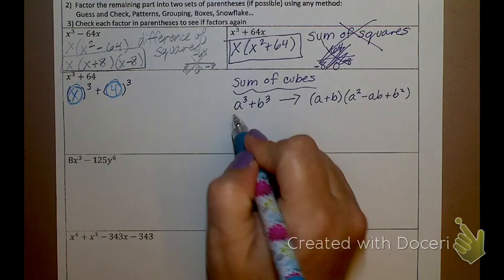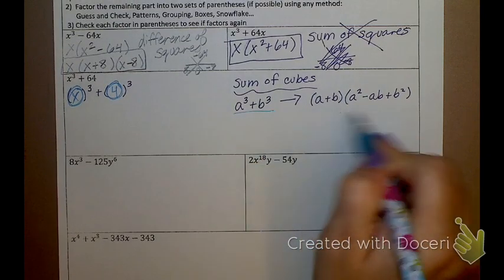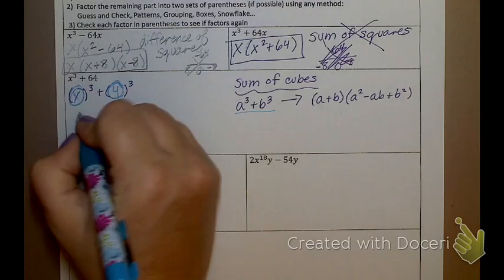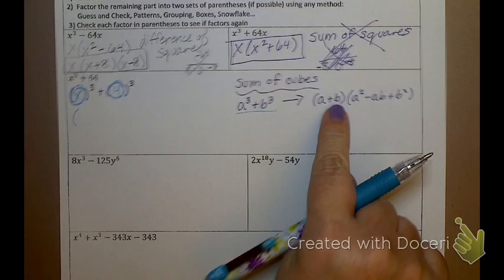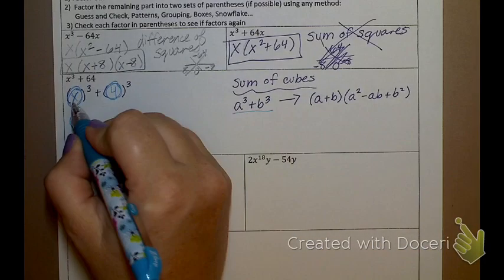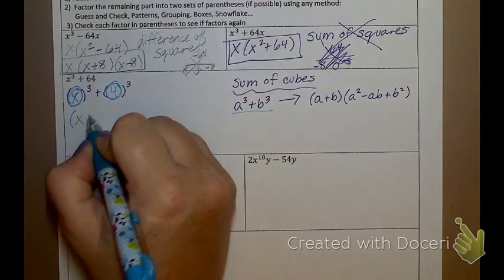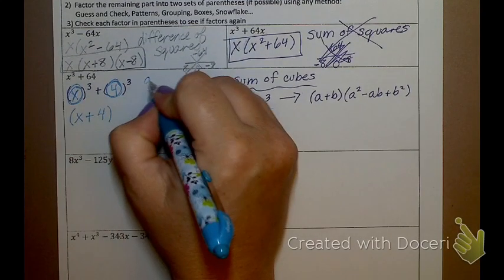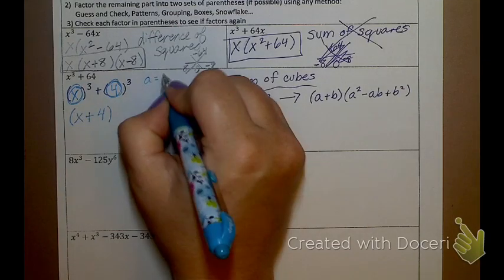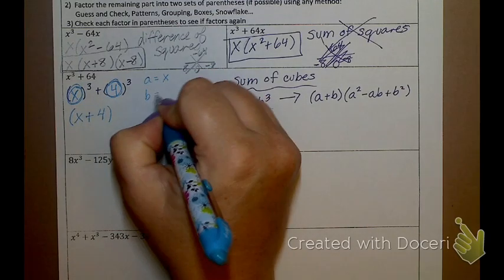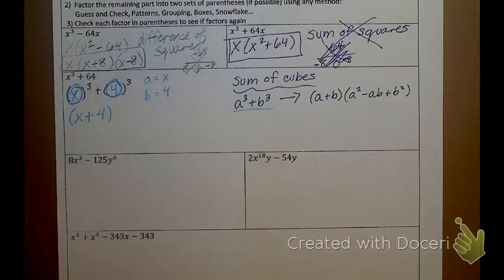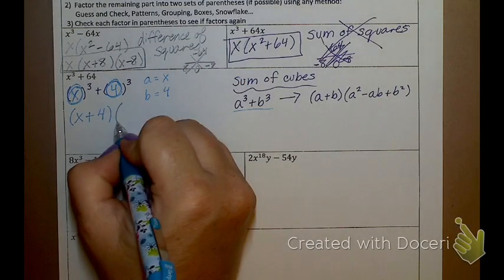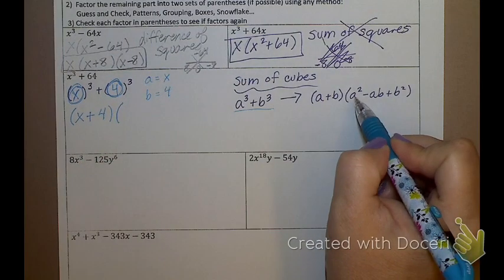Okay? So I had something in this form, so let's write the factorization. The first parentheses is going to be A plus B. Well, what am I using for A? x. And what's b? 4. So in other words, our a we're using is that x. Our b that we're using is that 4. Next parentheses starts with what?